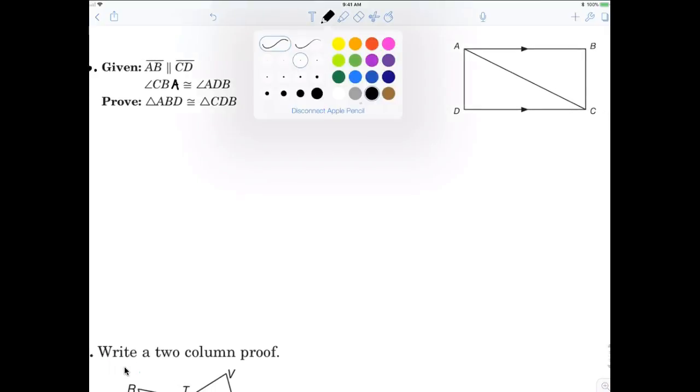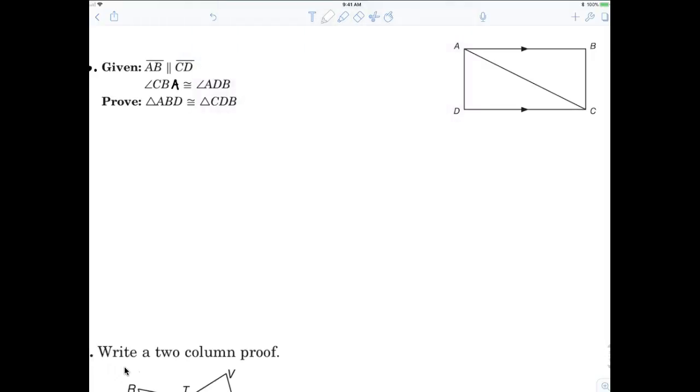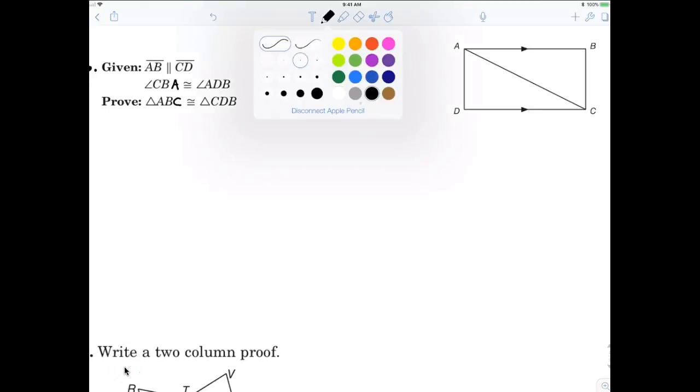This one. I think I changed the wrong thing. This right here is what I meant to change. That triangle is triangle ABC, right? So ABC is congruent to CDA. That's what I think they meant.